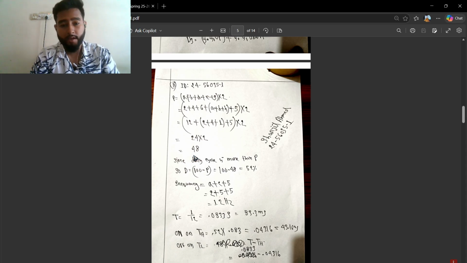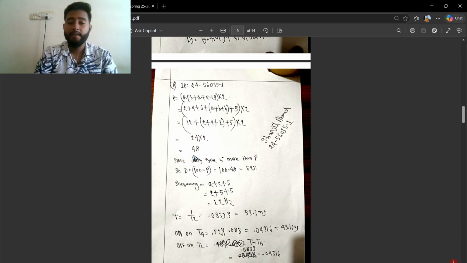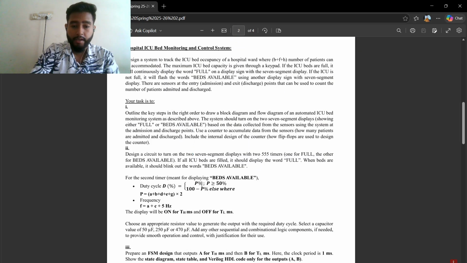The instruction given is that if the value of P is more than 50%, then we just take it as the duty cycle.